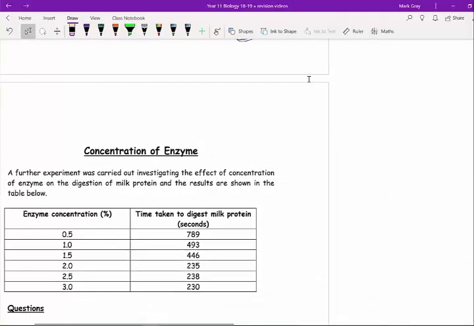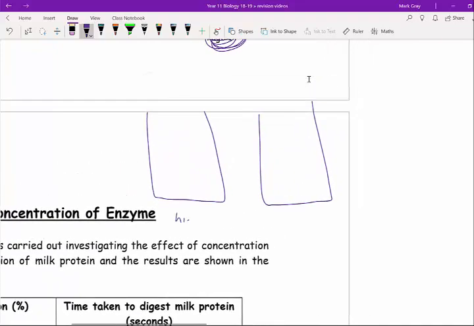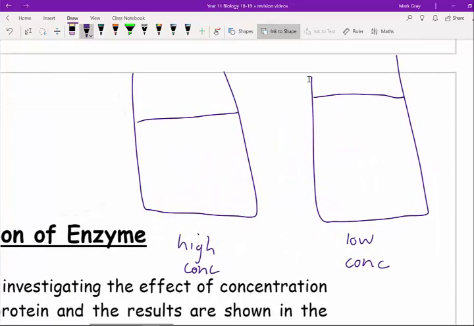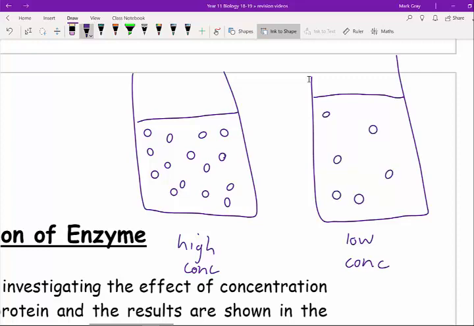Now, next one is concentration of enzymes. So, concentration is like this. We could have a high concentration, high conc, low conc. Let's say, for example, we have got the same volume in each one. If we draw in enzymes, which are these little things here, and then we'll draw in a low concentration of enzymes here.